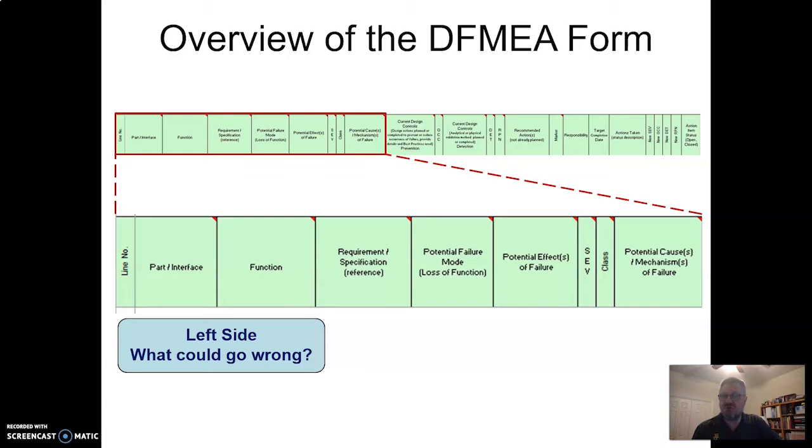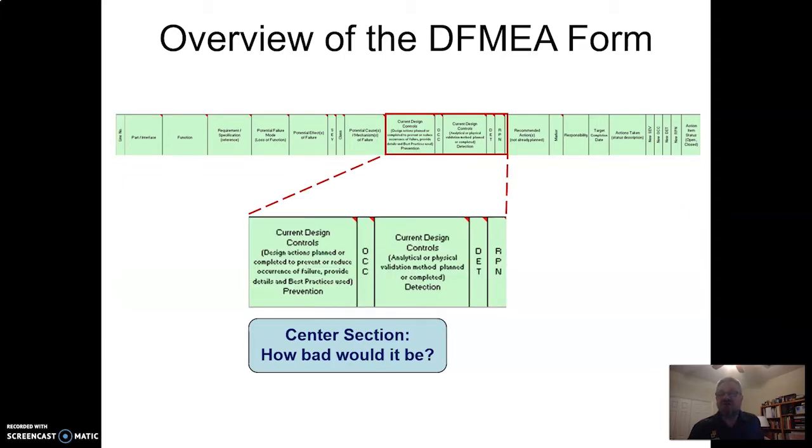So this is a part by part view of what's in the system you're studying. Once you get to that part, you start articulating what functions that part performs. After that, you can look at the effects of a failure and what the causes of that failure would be in the design. And that's what's getting addressed in the left-hand side.